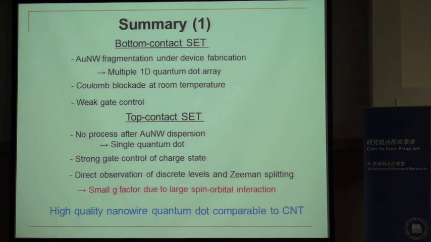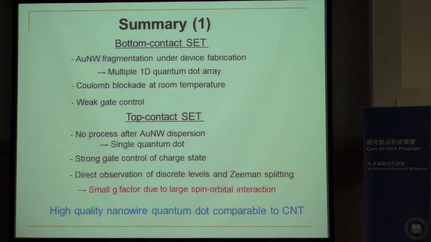In summary, we fabricated two kinds of device, bottom contact and top contact device. For the bottom contact one, the device behaves as a multiple 1D quantum dot array, and the Coulomb blockade can be observed at room temperature.